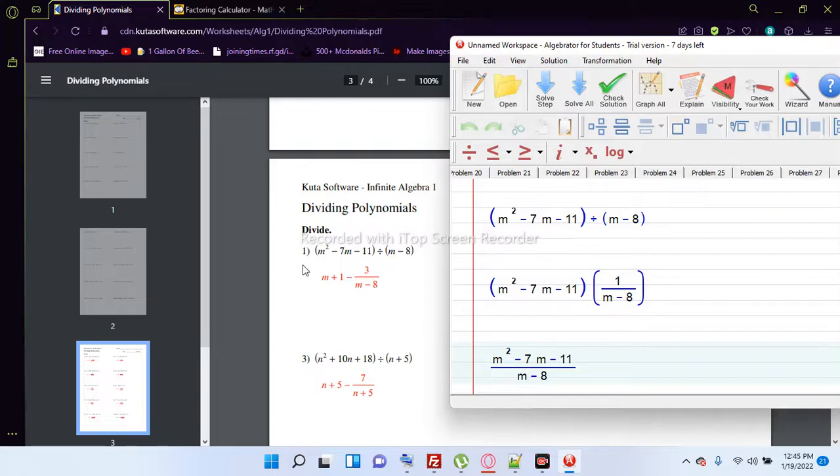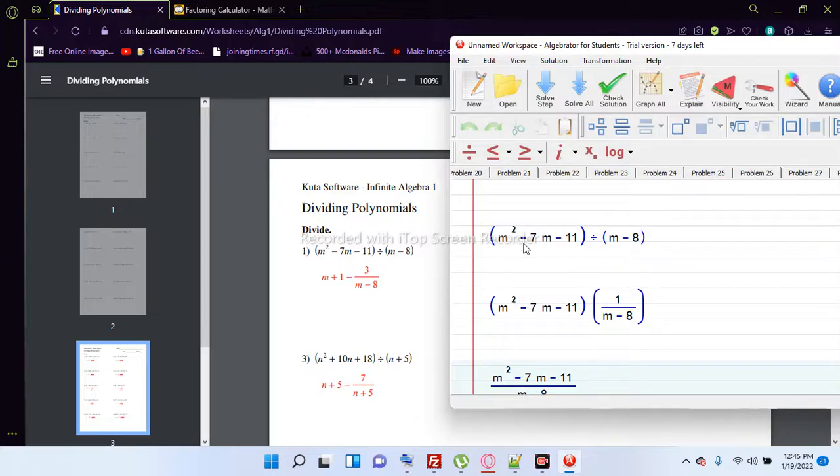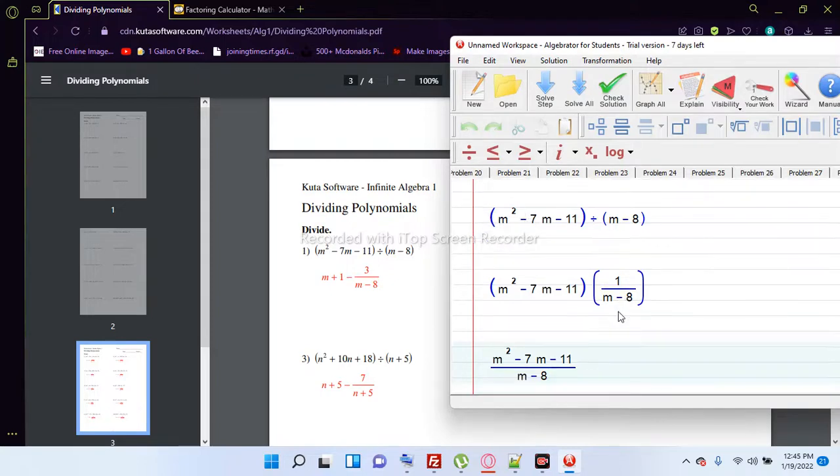Okay, something wrong. M squared minus 7M minus 11 divided by M minus 8. M plus 1.